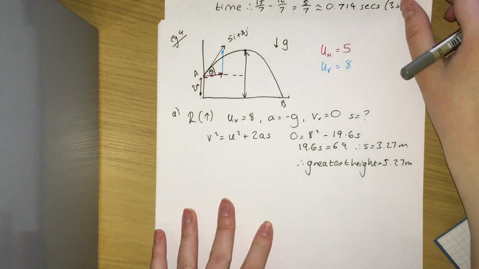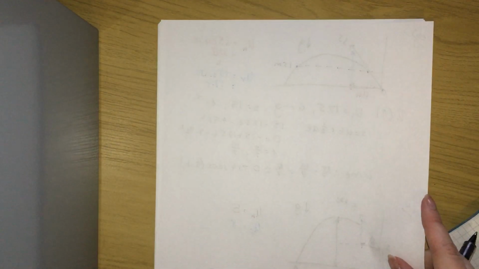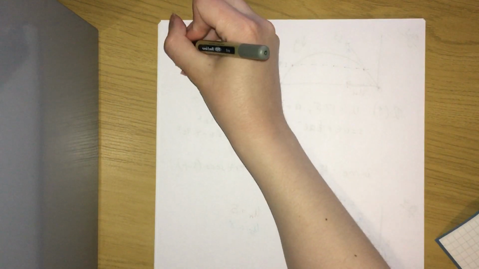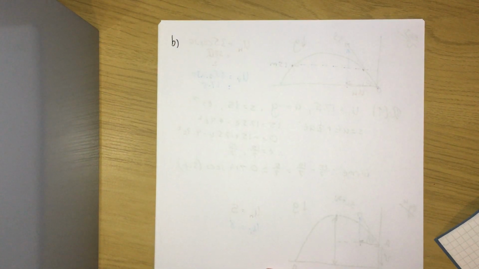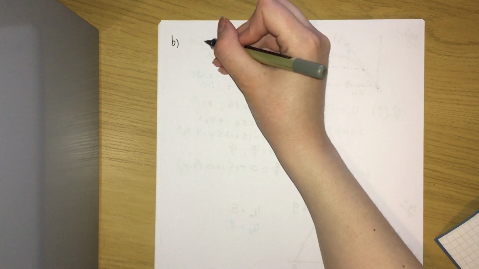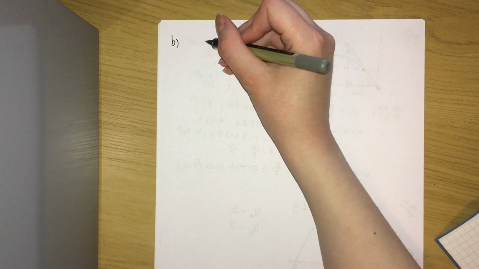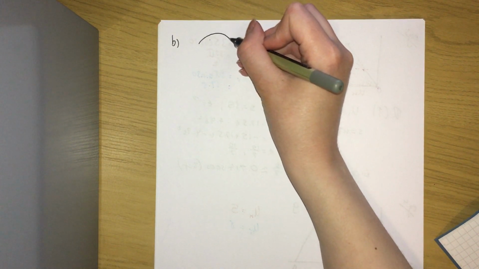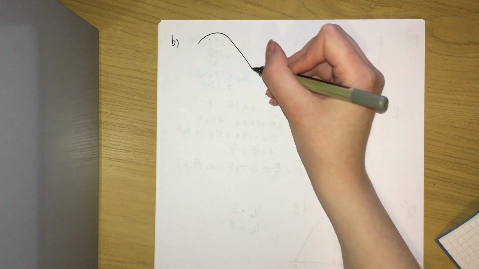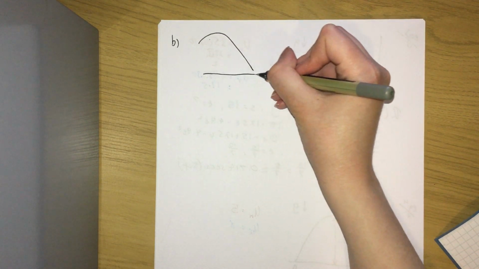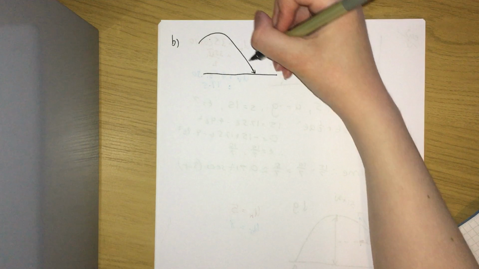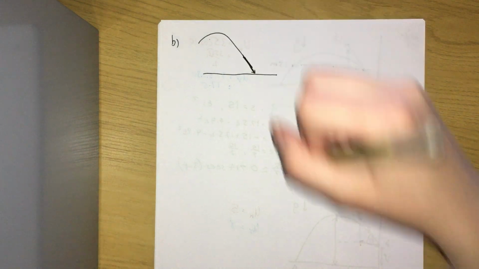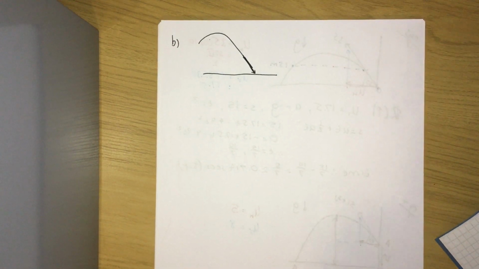Part B, find the speed of the ball as it reaches B. So if we are imagining the second half of my projection, so this part here, the speed is the overall part, okay?